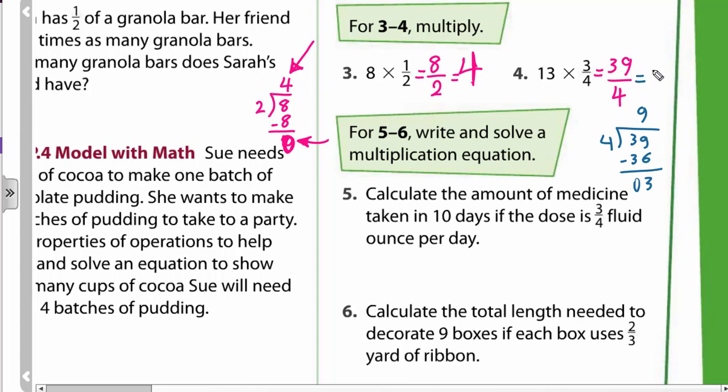What is the whole number? No, the quotient. The 9. And what is the numerator? The denominator is 4, yes. But the numerator?